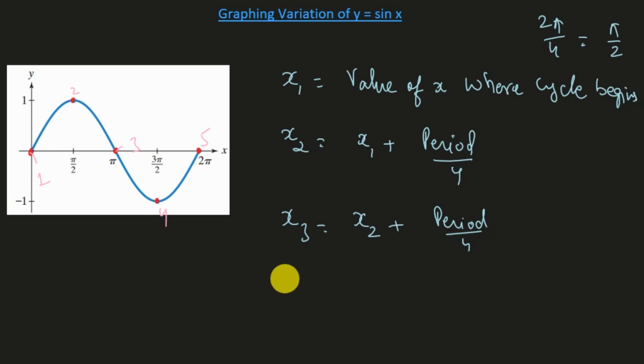The same thing we are going to repeat for x4 also and then x5 also. So this is the way we calculate the 5 points. Now to find the y coordinate, just plug these x values into the function to find y.